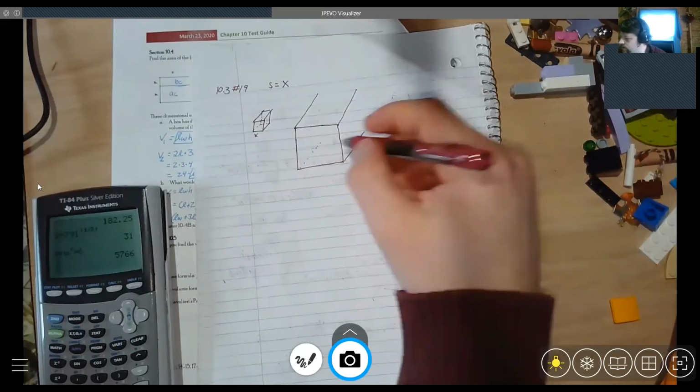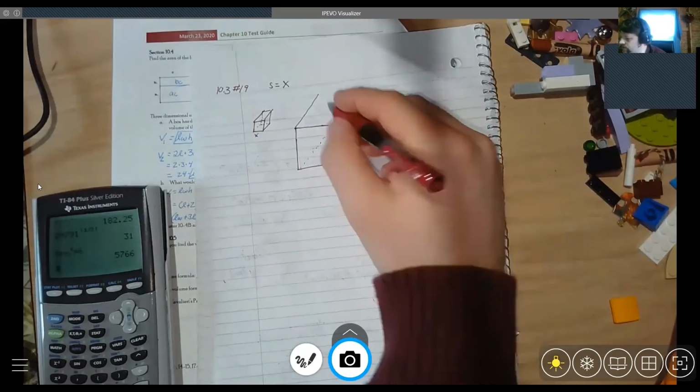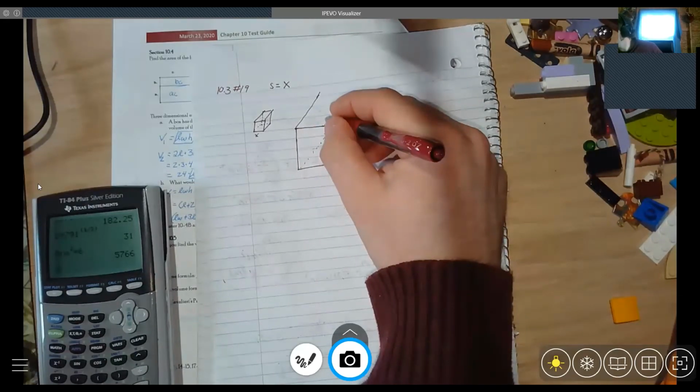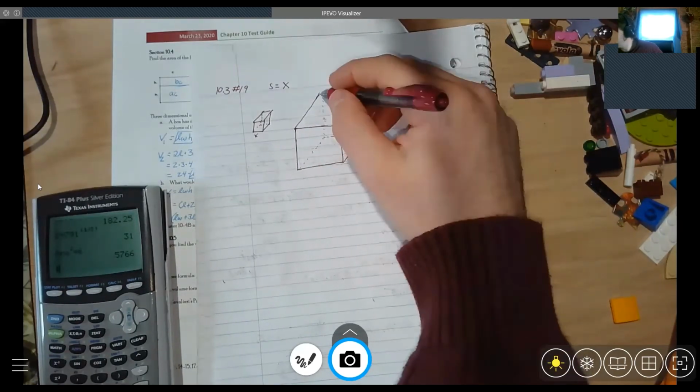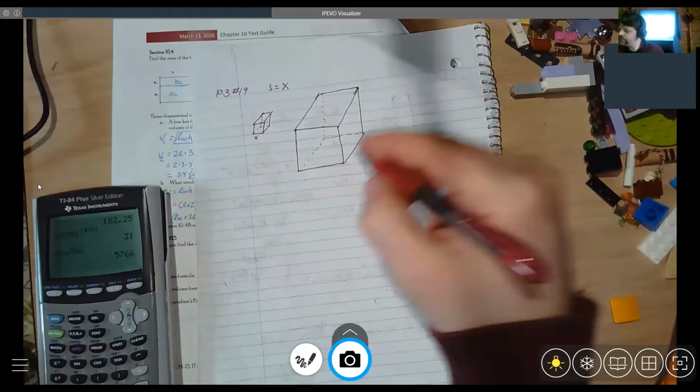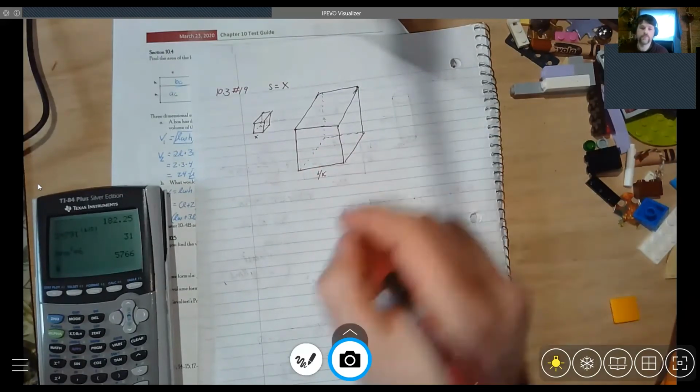Again, I'm sure you're drawing much better quality pictures on your own paper. Okay, so this is 4x.